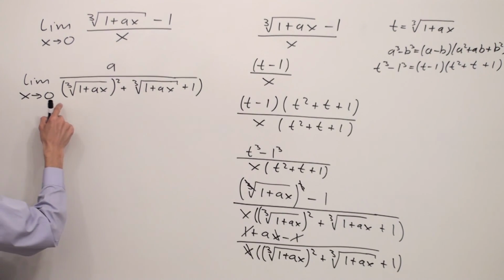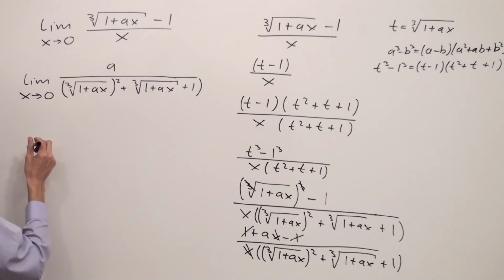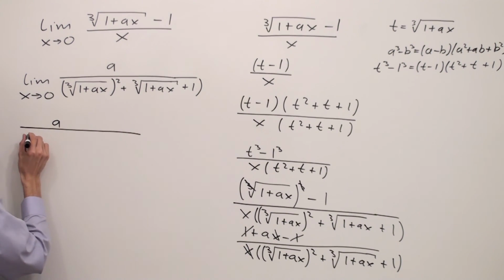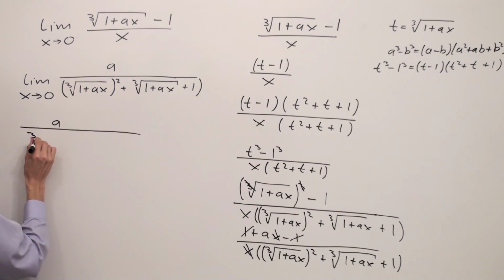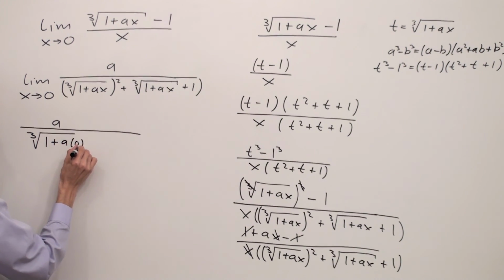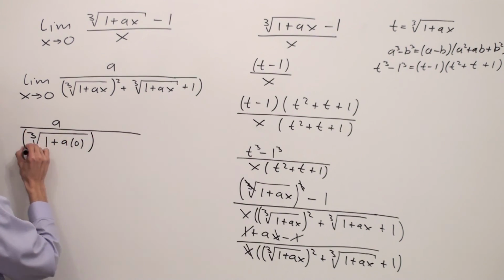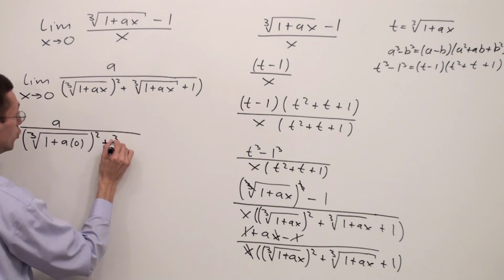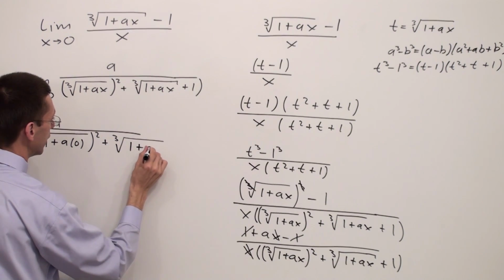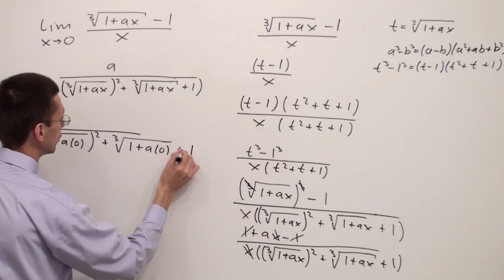Now we can replace x's by 0 and take a look at what we are going to have. A over cube root of 1 plus a times 0 to the second power plus cube root of 1 plus a times 0 plus 1.